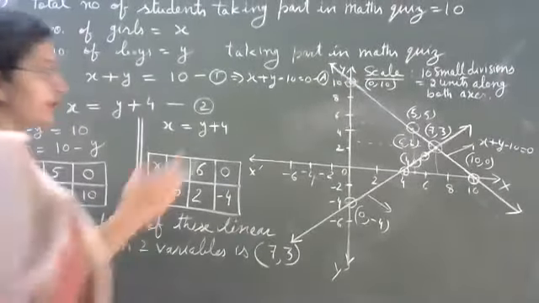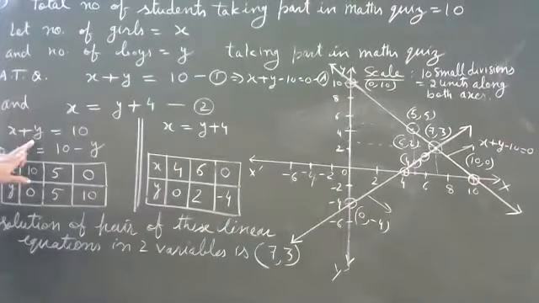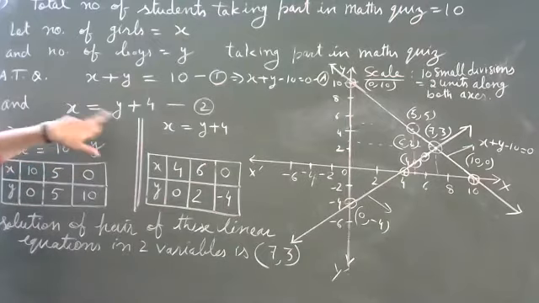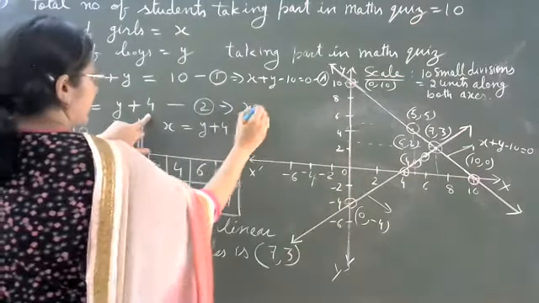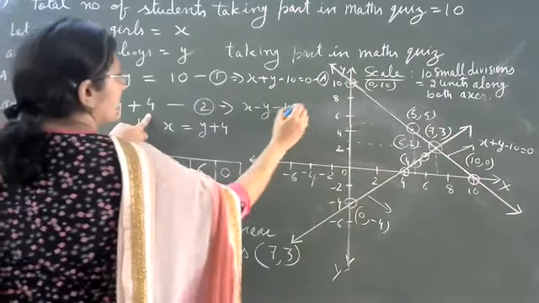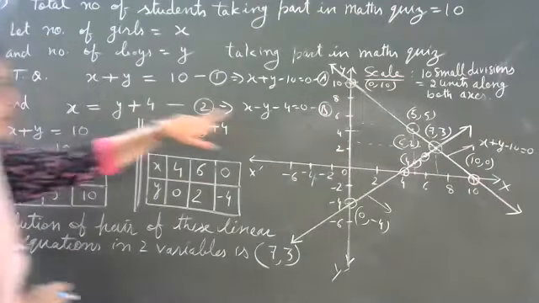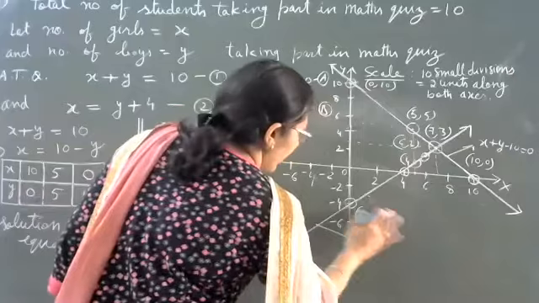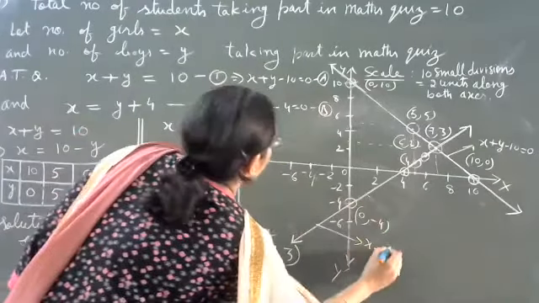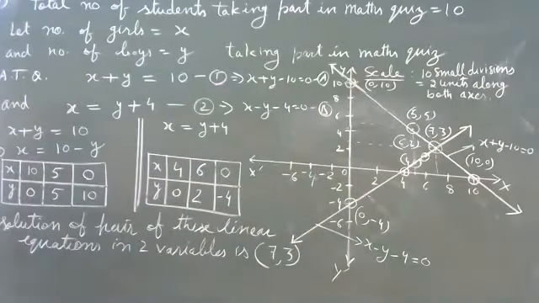Now second equation, this one. What was it, x is equal to y plus 4. How to write it in standard form: x minus y minus 4 is equal to 0, that will be B. When you plotted this in the graph, this is the second equation, and its equation will be x minus y minus 4 is equal to 0. Clear? So what is the solution?